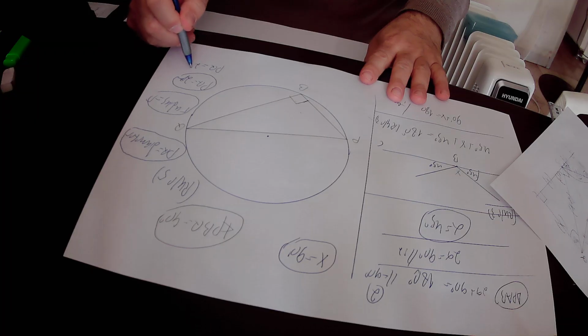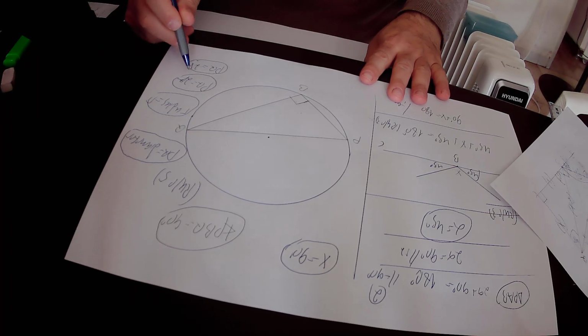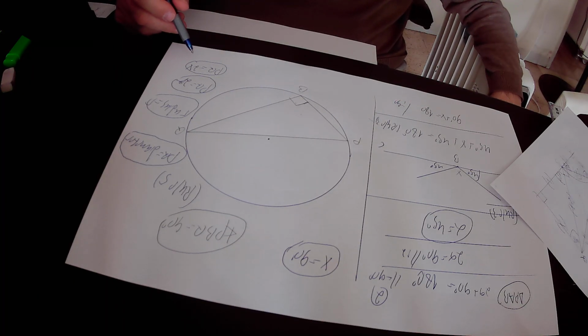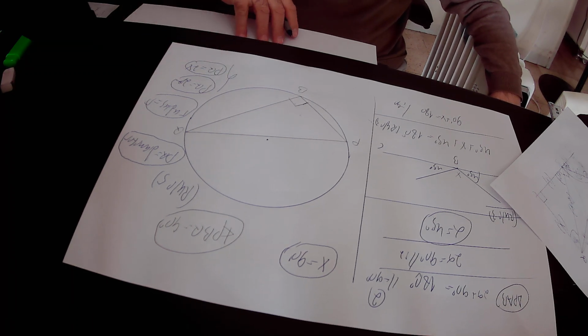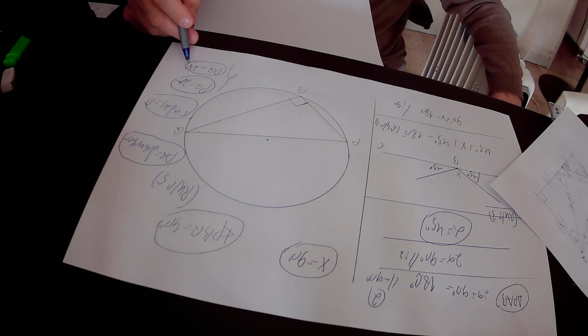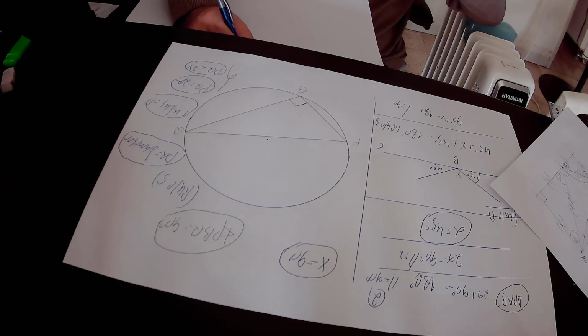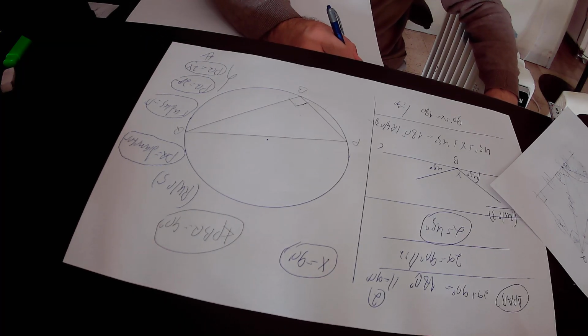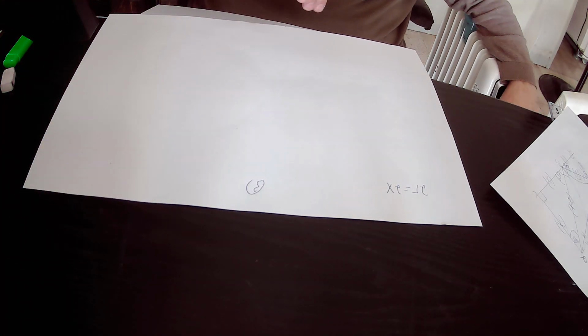PQ equals 2X. So PQ is the diameter of the circle, equal to 2R, and it is also equal to 2X. So from those two equations, we derive that 2R equals 2X.